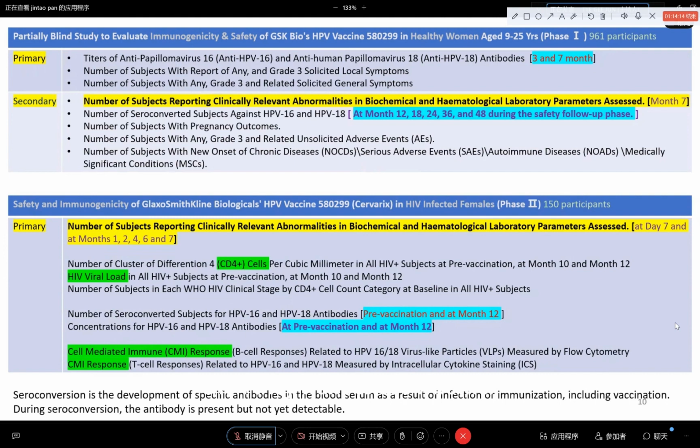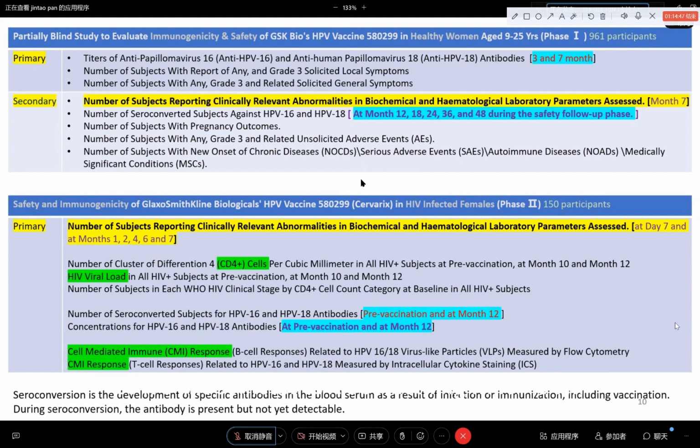Then they want to see whether there are any seroconverted subjects at other months to make sure there is a possibility of longer lasting effects. So all of these are based on how it's being justified. Primary is always why I want to do this research or clinical trial, and the secondary is always what might happen if, when we sit down and think a little further, what can we actually see?